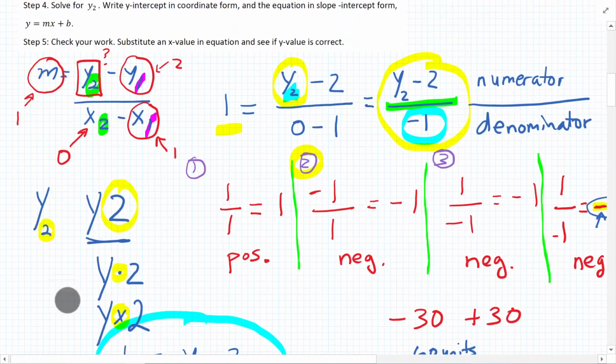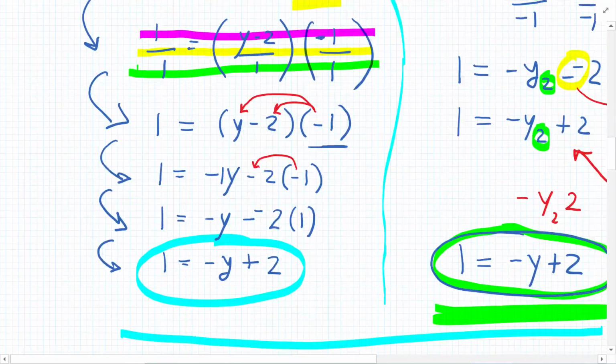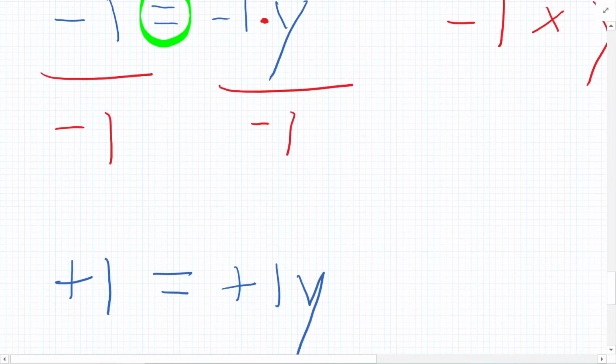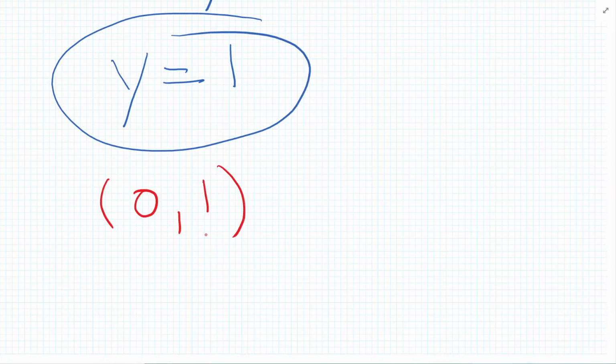Let x sub 2, its partner, be 0. When that's the case, we solved and found out y equals 1. So here's our point. We have 0, 1. That is the y-intercept.